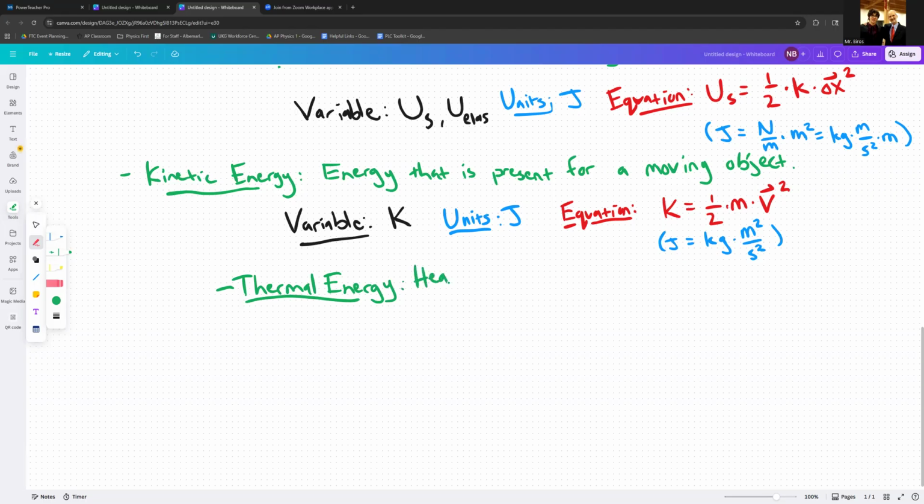Heat, like thermal energy, or sound is also thermal energy. And both of these are due to small scale motion of particles.